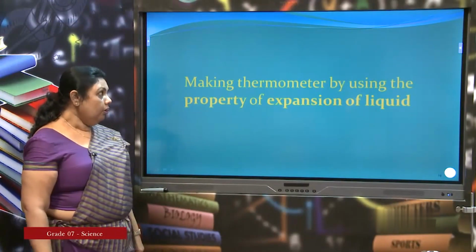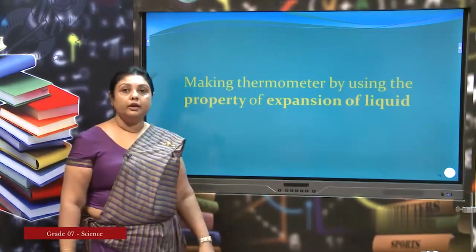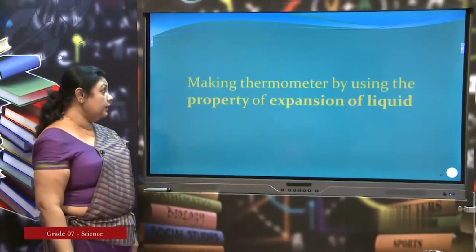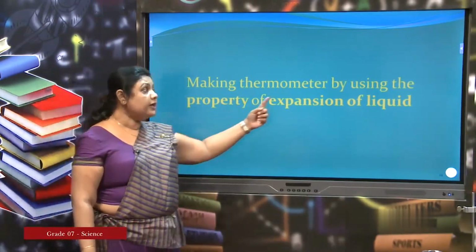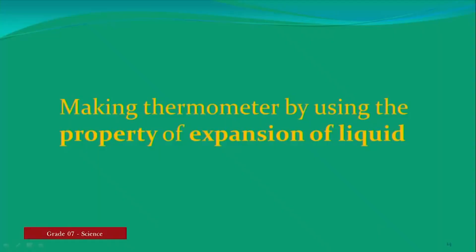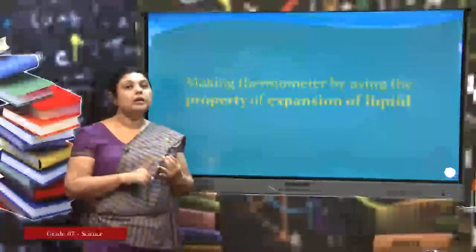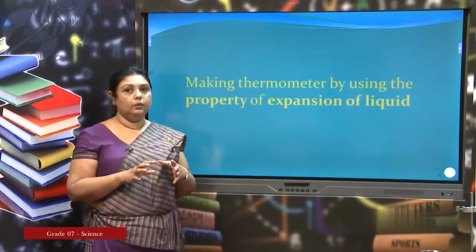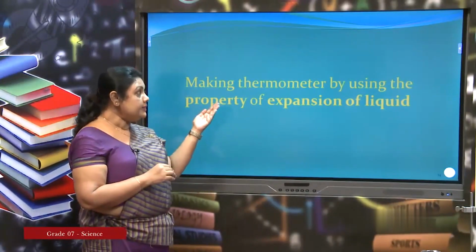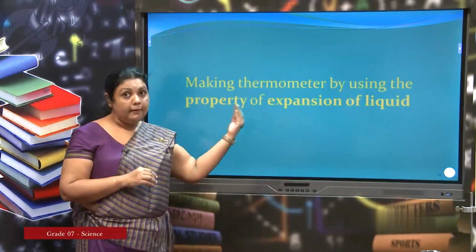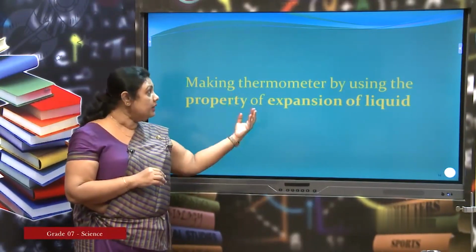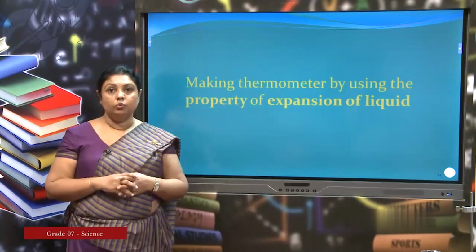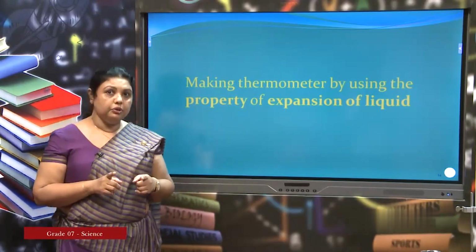Right. So, with the help of this, we can make a thermometer. This expansion of liquid, we learned there are different types of liquids we know: water, mercury, alcohol. Any liquid that has this expansion ability helps to make a thermometer. So, I will show you.